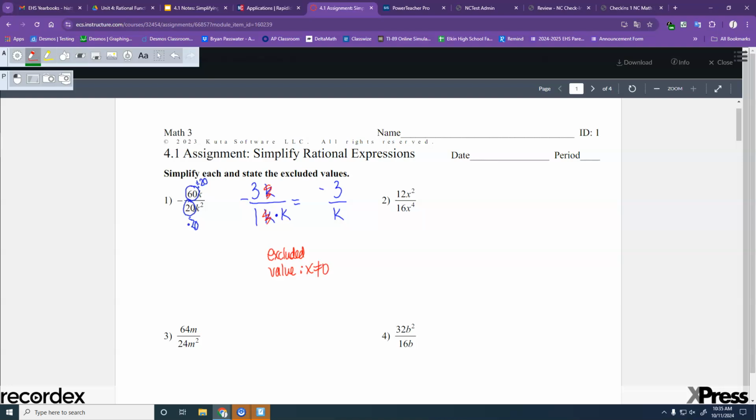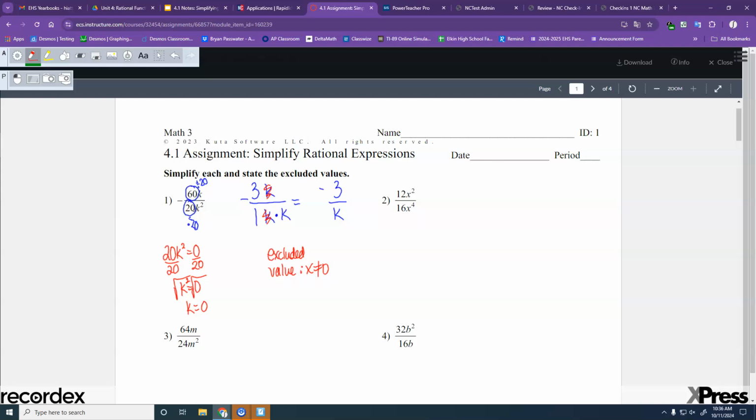Because for these problems, there's not like a plus or minus. So what you're kind of thinking of is like you got 20K squared. What would make that 0? So you're like dividing by 20. And so K squared is still going to be 0. You would square root, but that's still going to be 0. You'll notice if you don't have any pluses or minuses, you just have a variable, that is pretty much 0 all the time, right?